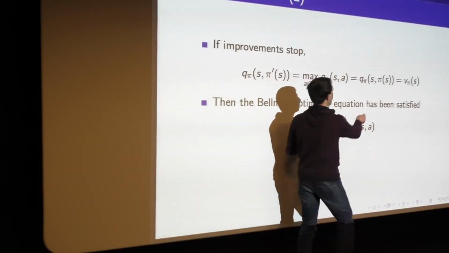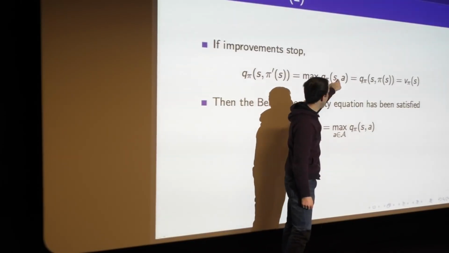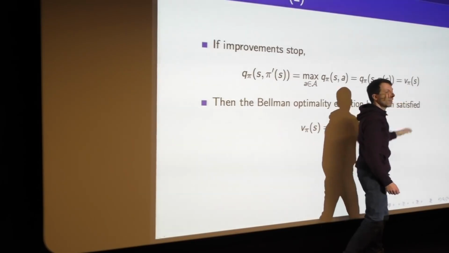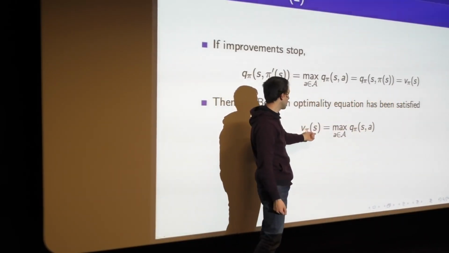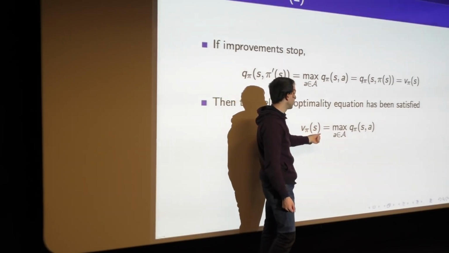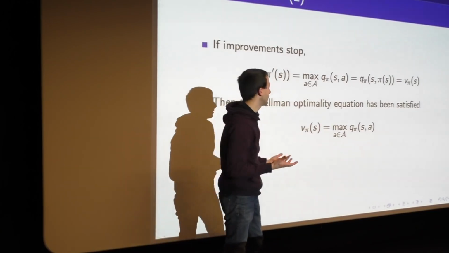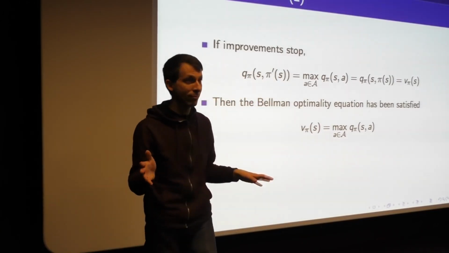So we've basically got v pi here, and we've got the max q pi here. So we've basically said this is equal to this, and that's actually one form of the Bellman optimality equation, that the value of state S is equal to the maximum over the q values. That's the one-step look-ahead form of the Bellman equation that we saw in the last lecture.